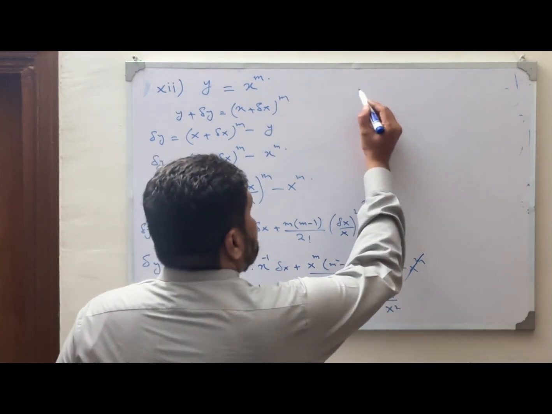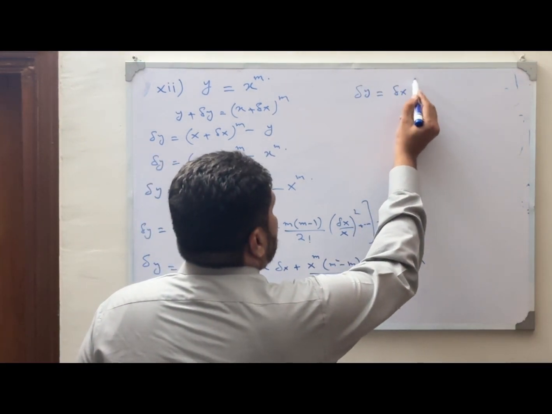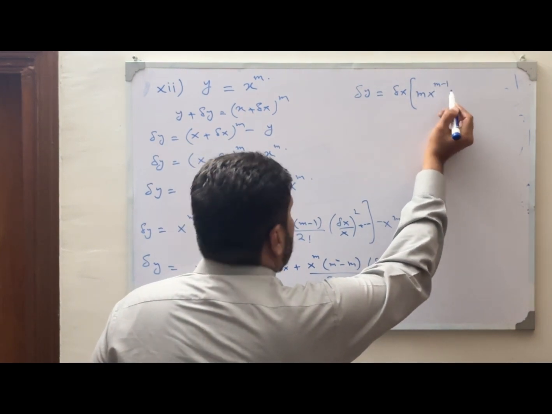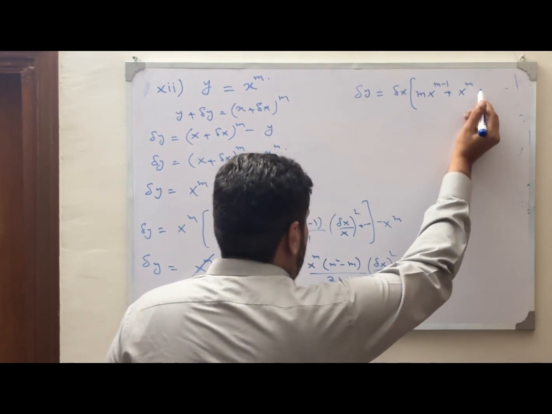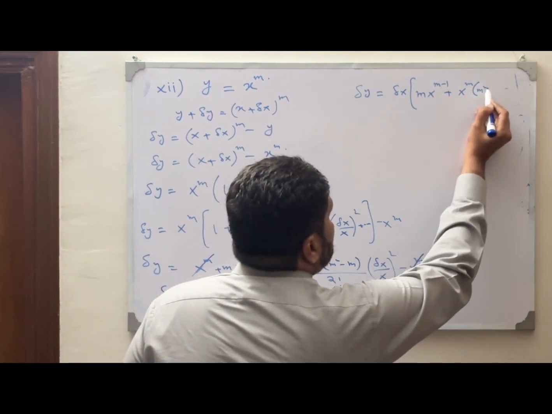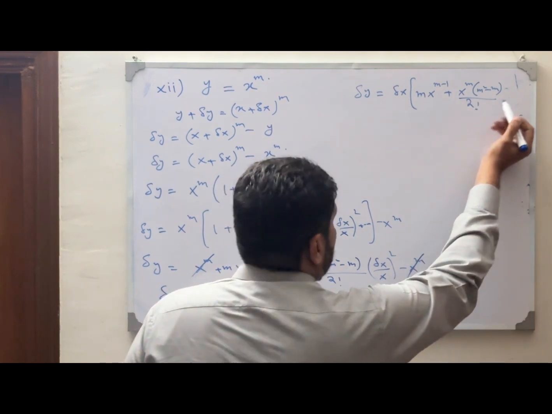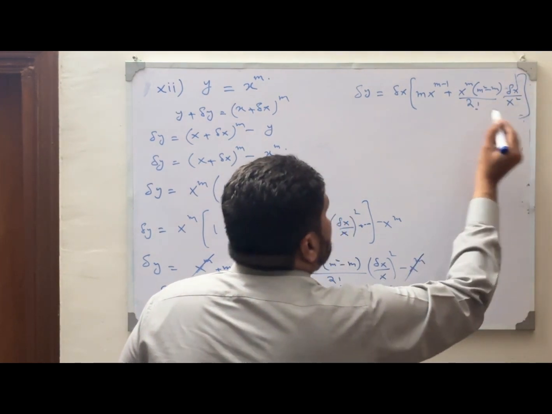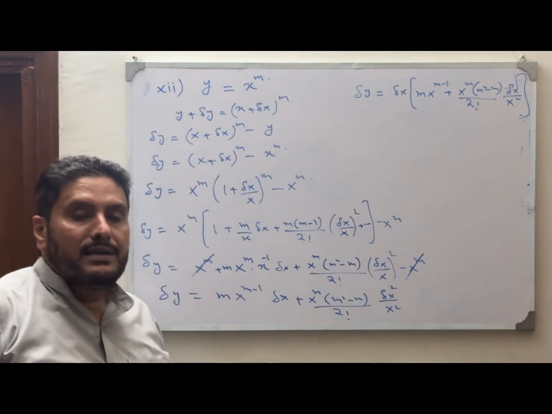So our delta y is equal to delta x into [m x power m minus 1 plus x power m into (m square minus m) divided by 2 factorial into delta x by x square]. Here we have simplified this by using the second step.